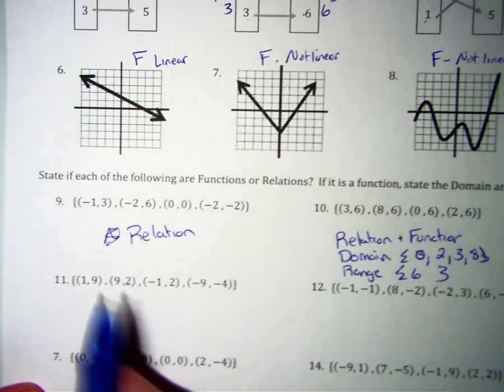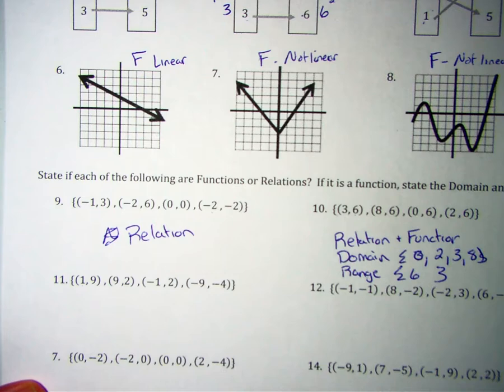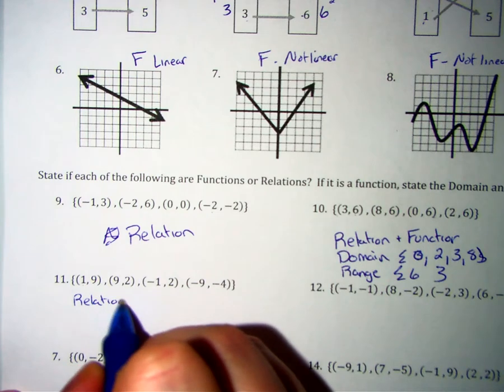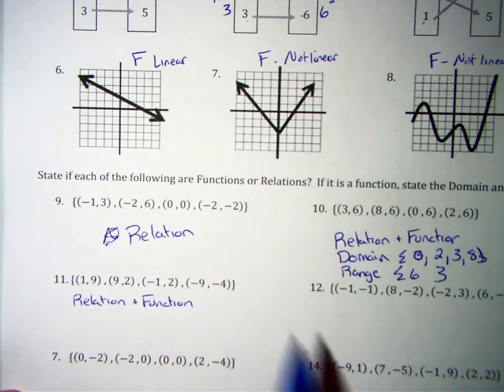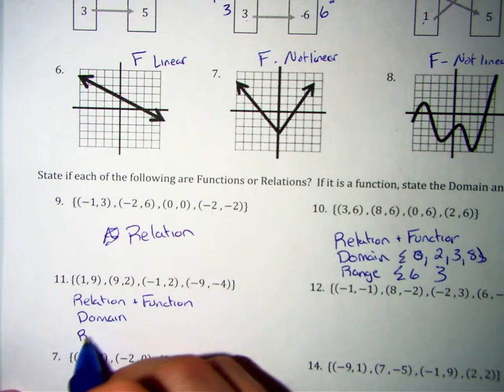Number 11. We have a 1, a 9, a -1, and a -9. No repeating x values, so we're going to have a relation and a function. We want to list our domain and range.